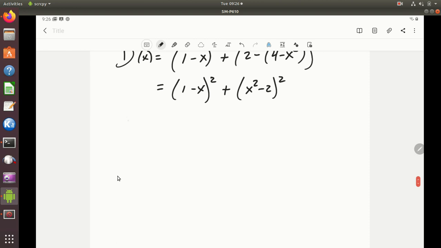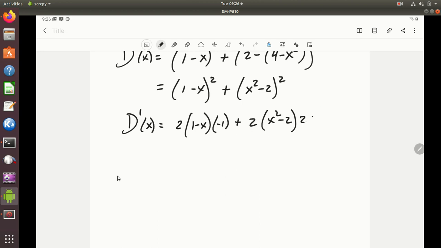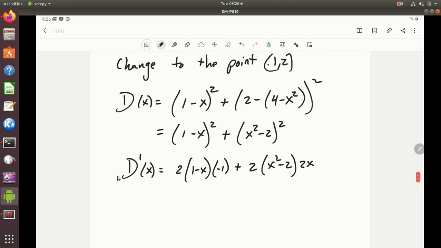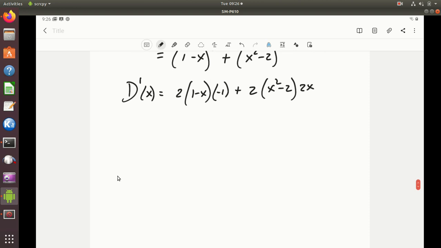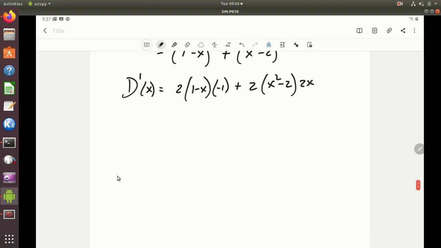Once again, I can take the derivative using the chain rule, D prime of x, and we get 2 times 1 minus x times a negative 1 because of the chain rule, plus our 2 times x squared minus 2, and then times 2x. In this case, I'm probably better off just multiplying through.